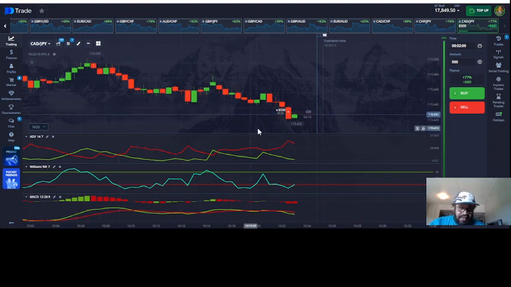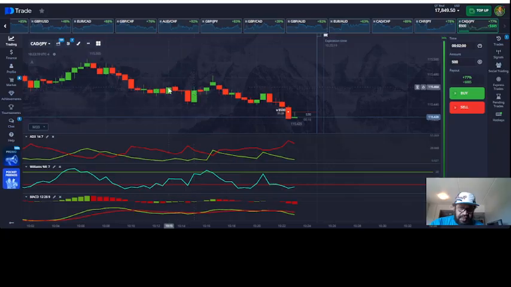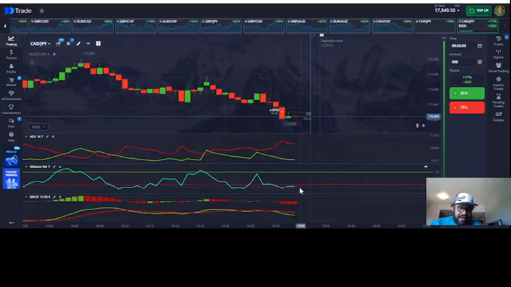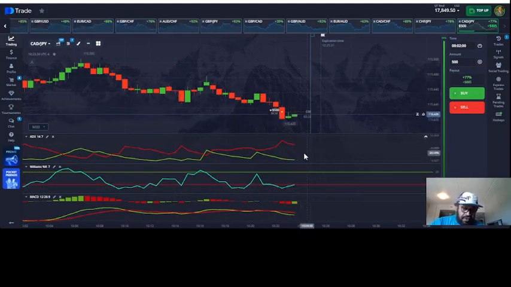Plus, if we look at the price action, we're seeing a general bearish trend in the price of the currency pair at the moment. And then if we look at the Williams percent R, the signal line has pushed below the minus 80 line here, which suggests the relative strength of the bearish trend is still relatively strong.